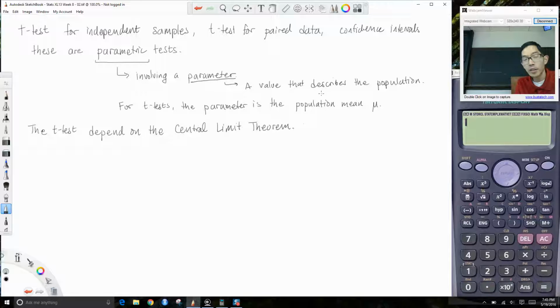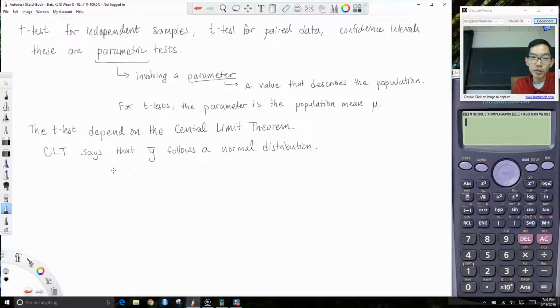A lot of times we say, basically, the central limit theorem at its heart says that y bar, the sampling distribution of y bar, follows a normal distribution, or a t-distribution, which is just like a relaxed version of the normal distribution.